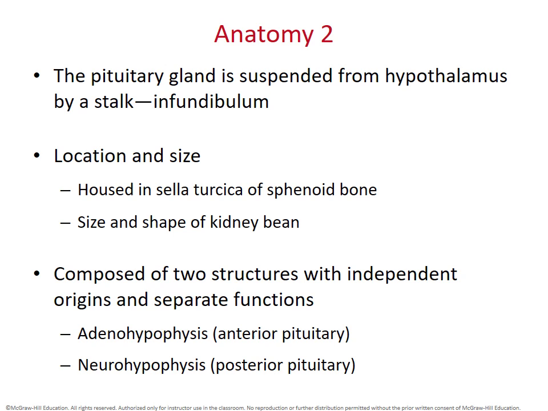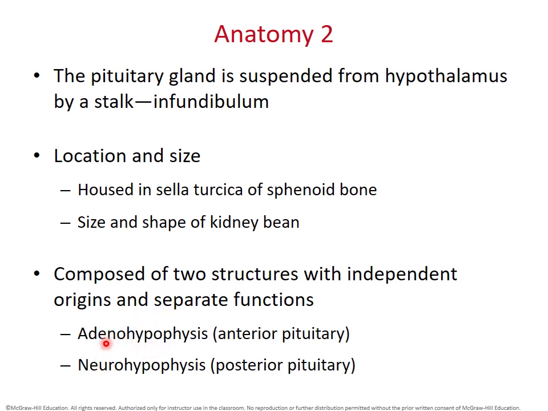The pituitary gland, which is, by the way, also known as the hypophysis, is split up into two portions which are actually very distinct from one another. These two portions are known as the anterior pituitary and the posterior pituitary, also known as the adenohypophysis and the neurohypophysis. Again, hypophysis is another name for the pituitary gland.